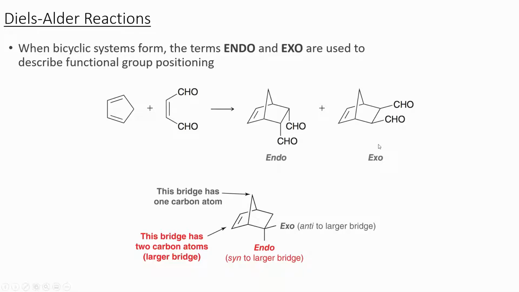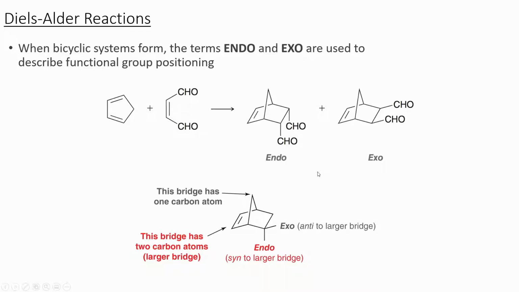When we form a Diels-Alder reaction product that is a bicyclic system, we can describe the relative orientation in stereochemistry of the groups attached to the dienophile as either endo or exo. And this depends on the approach of the dienophile.